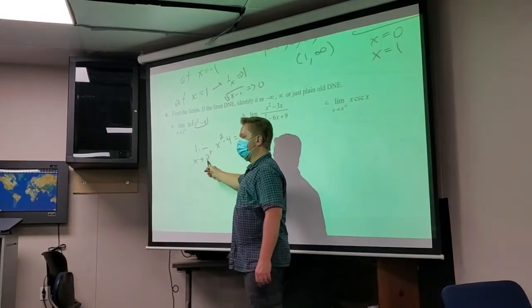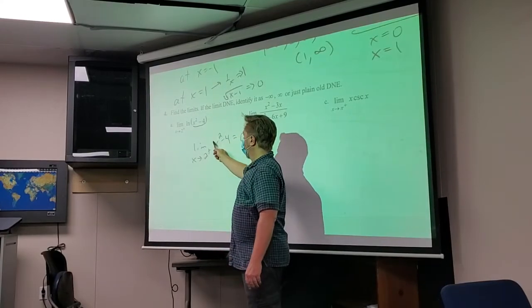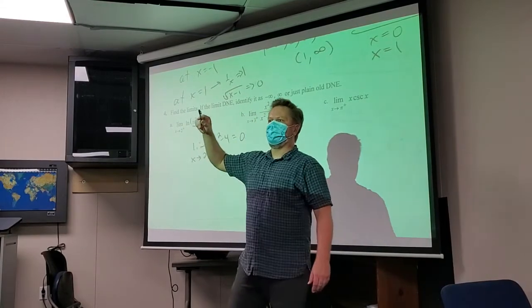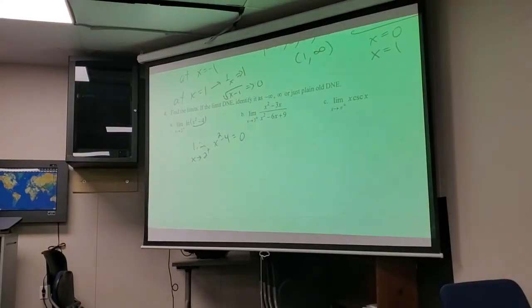All the inputs I'm putting in are above 2. They're all bigger than 2. So what's true about these outputs? Are they positive or negative? Positive. Which means all the outputs are approaching 0 from the right. They're always positive, but they are definitely going to 0.